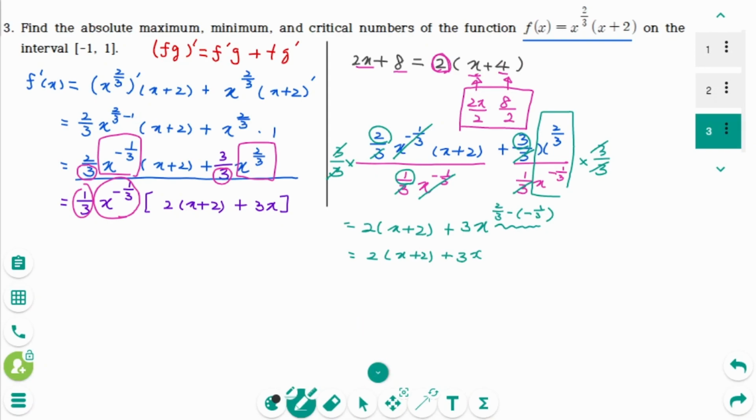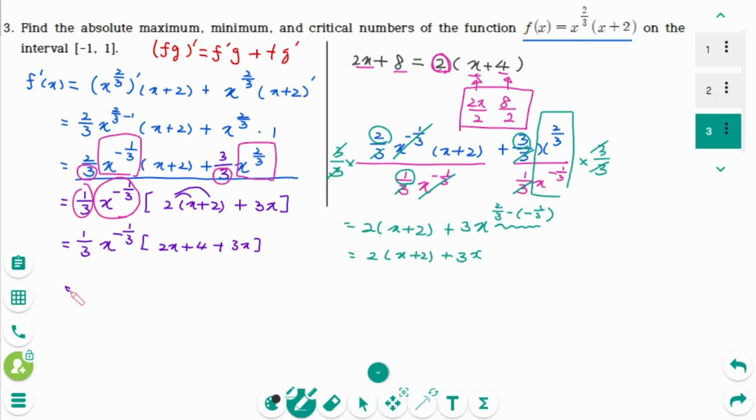In the future, if something difficult comes up, you can just use the easy technique you already know. Back to the original, f prime of x equals 1 over 3 x to the power of minus 1 over 3 times expand 2x plus 4 plus 3x.